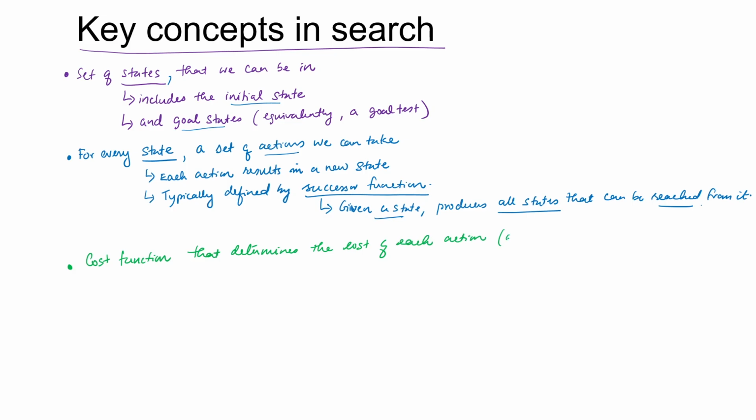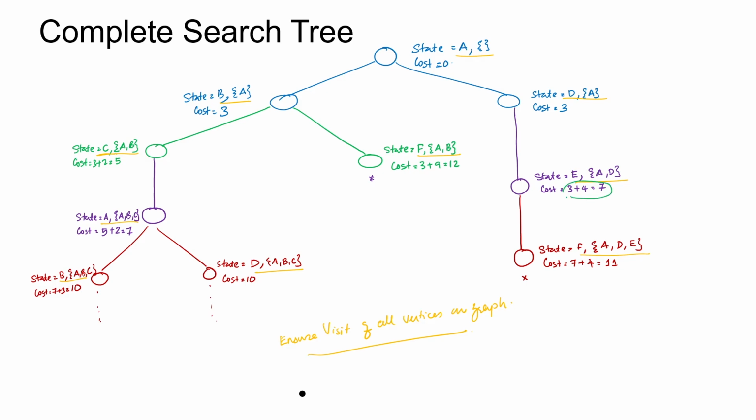The cost function determines the cost of each action, or path. And what is a path? A path is a sequence of actions. So the cost function determines the cost of each action, or the cost of the path. Previously, the cost that you see here is the cost of the path, that is, how much it cost you to reach there.